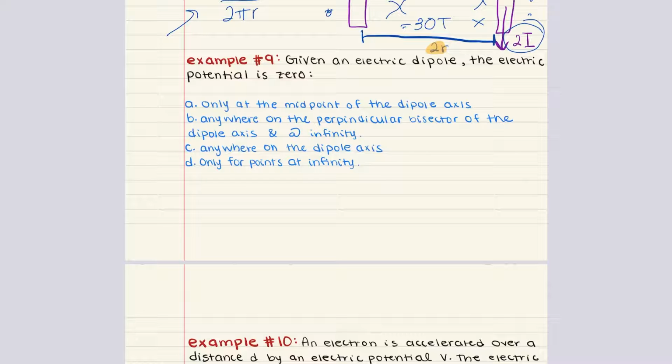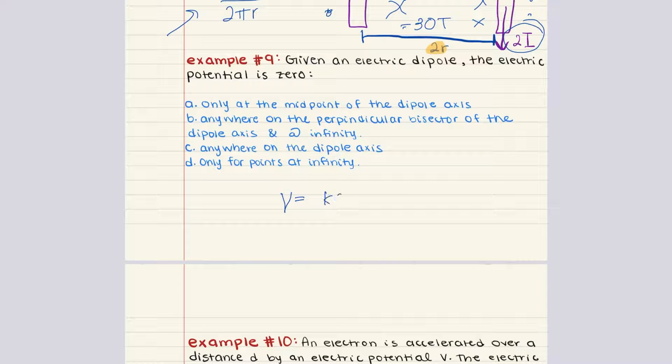An electric dipole consists of two equal but opposite charges separated by some distance. The potential at a point in space due to a dipole is the sum of the potentials due to each charge. The electric potential V at a point, a distance r1 from the positive charge, and r2 from the negative charge of the dipole is given by this formula.